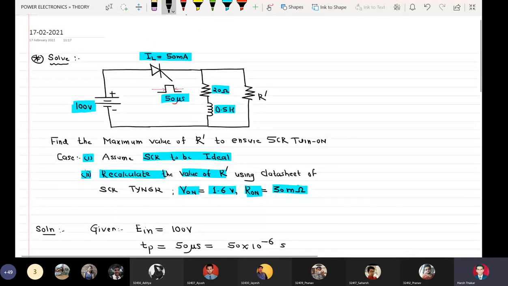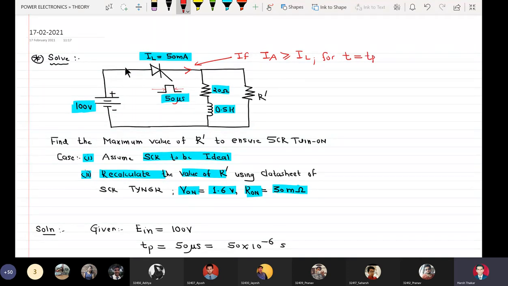So understand this thing, that we can write down something here. We can say that if IA is greater than or equal to IL for t equal to TP, that is a condition, okay.